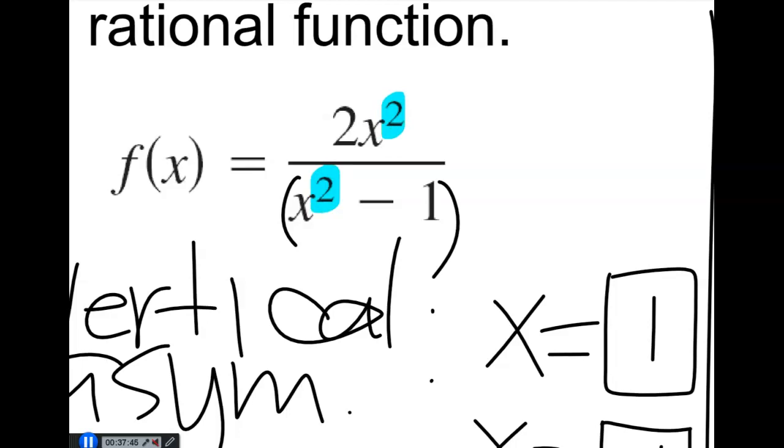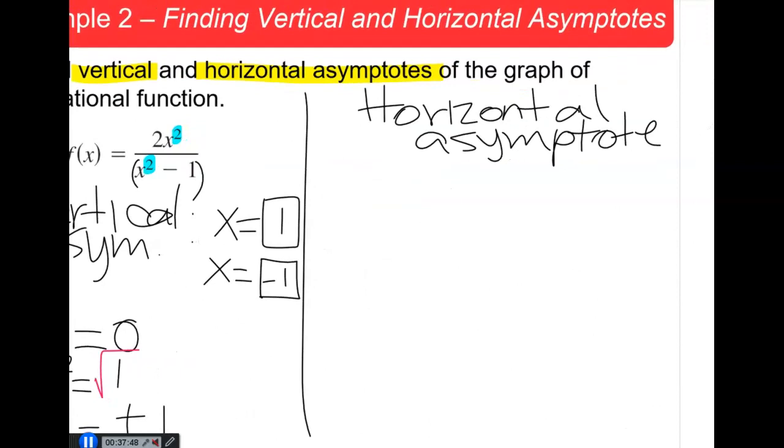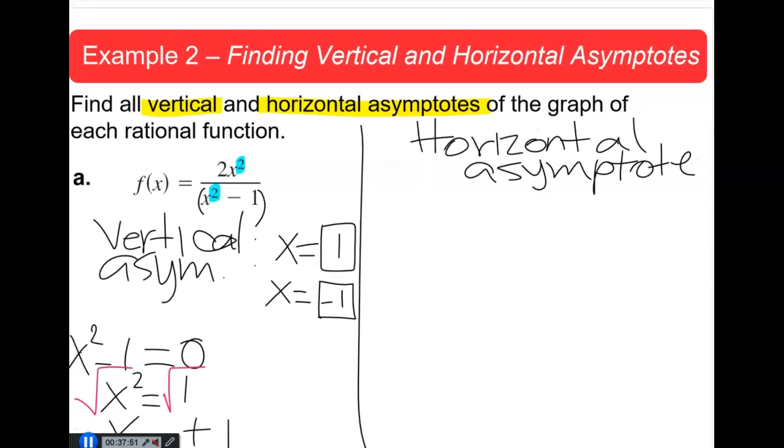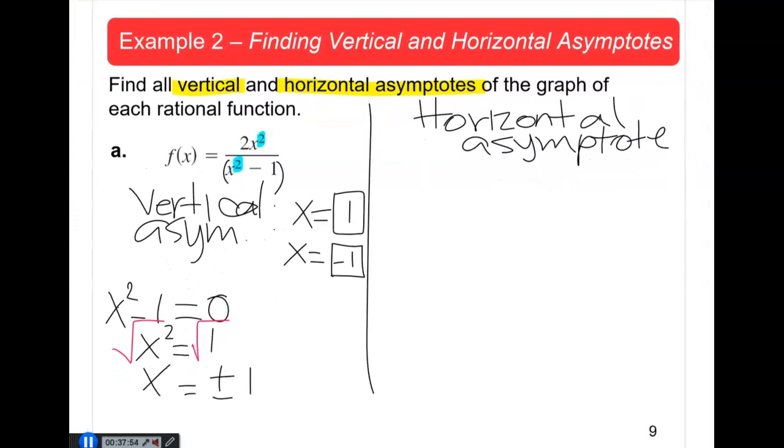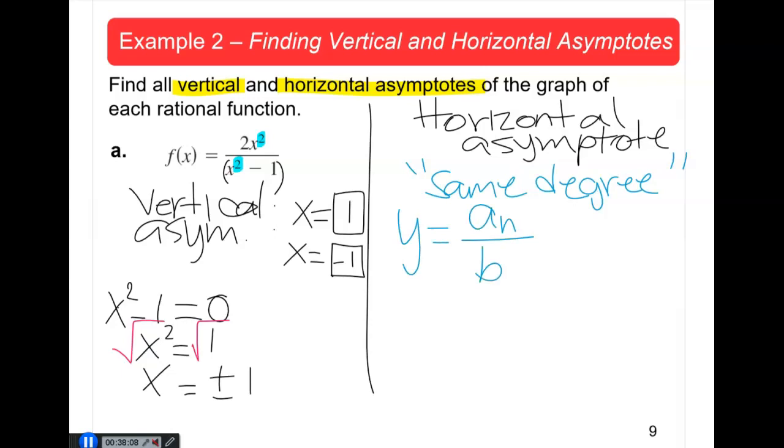So we could say that they are of same degree type of rational functions. They're both of degree 2. So then we're going to use the ratio of the leading coefficients. And so those leading coefficients in this case will be 2 over, and here the leading coefficient is a 1. So 2 over 1. So then the horizontal asymptote is the line y equals 2.